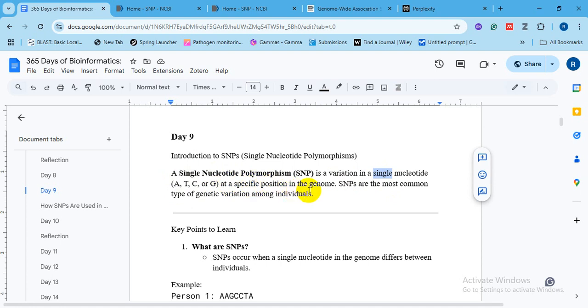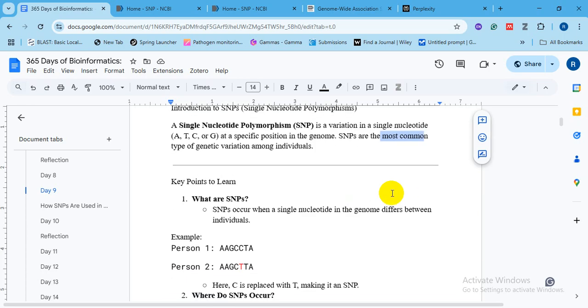Because I said it is a genome, these variations can be present in the coding and non-coding part of my genetic material. These SNPs are the most common type of genetic variations among individuals.